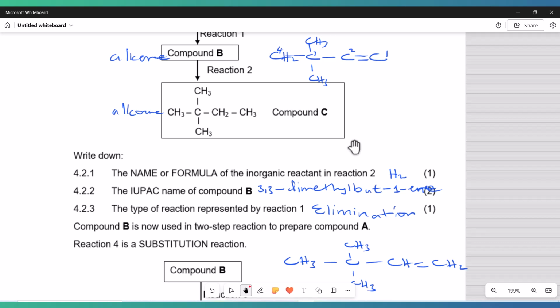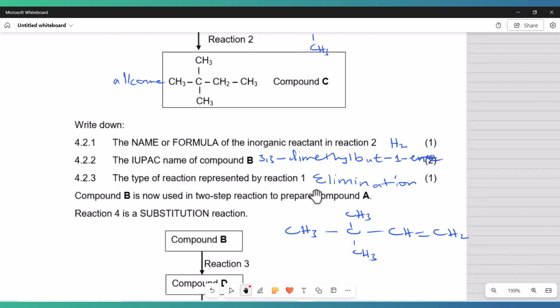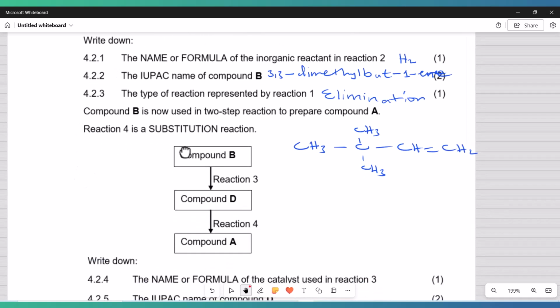So from here, they said that compound B is used in a two-step reaction to prepare compound A, which is the alkane. They also said that reaction 4 is a substitution reaction. So this reaction is 3, then 4 here, and then compound A, don't forget it is an alkane, most likely like this one here.